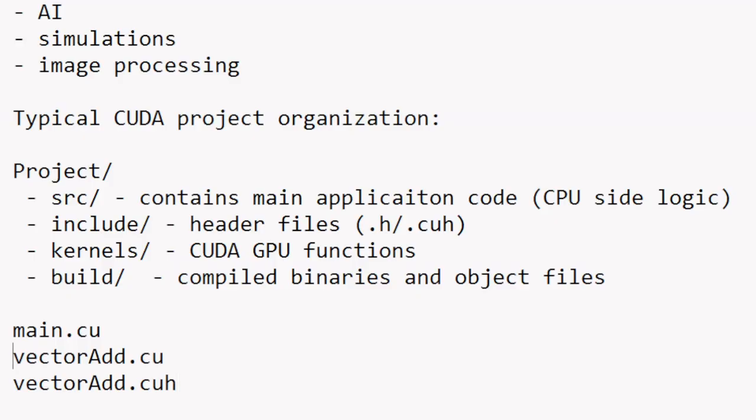This is going to be the main entry point of the program, basically host code, and this file will contain the implementation of the CUDA kernel function. And here you put the declaration, similar to how in C++ programs you put function declarations in header files and function definitions in .cpp files.